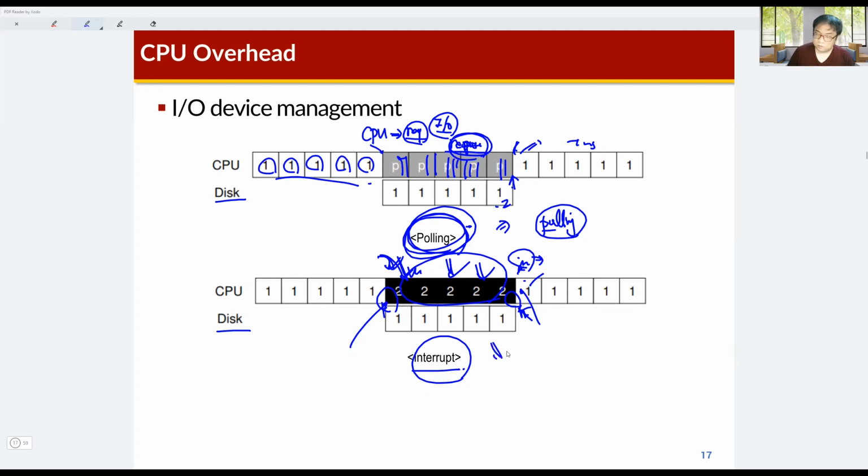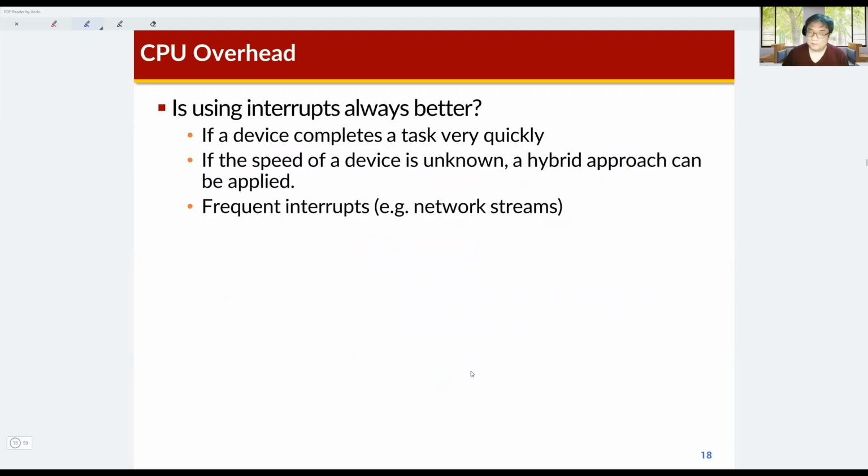But for the interrupt-based control, the CPU raises the interrupt and then gives the request to the other I/O devices, and then the CPU can execute a different task by context switch. So the CPU's resource is not wasted with the interrupt-based control.